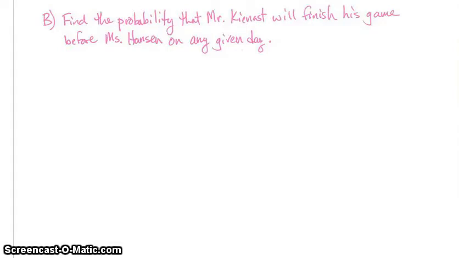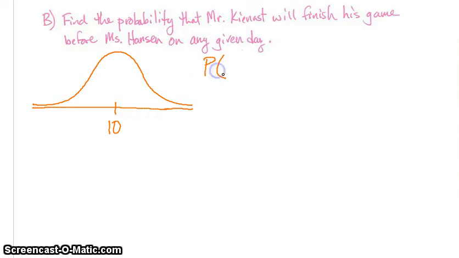Now remember, this is where we're looking at the combined, so I think a picture would be helpful. We're talking about a mean of 10. We're talking about when Miss Hanson scores higher than Mr. Keenest. So we want our overall x, the combination of them, to be less than 0.